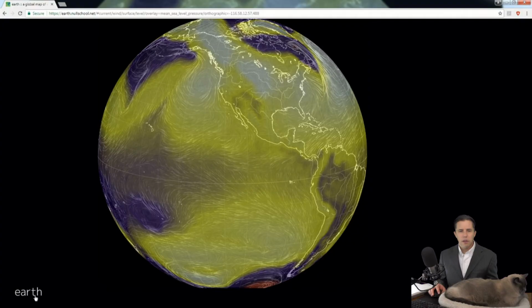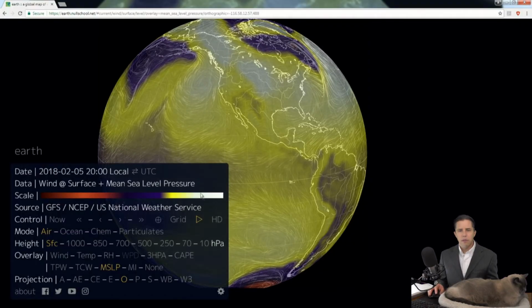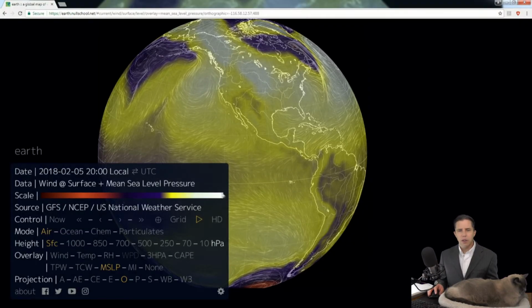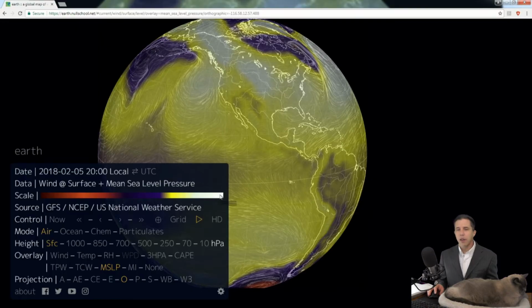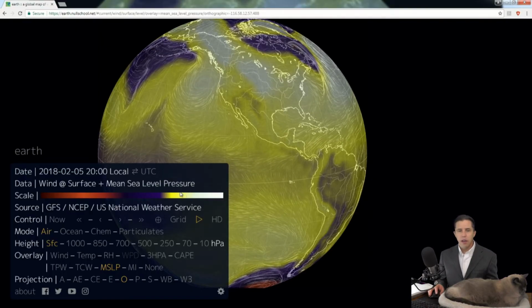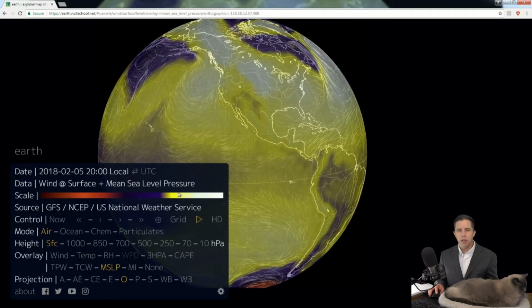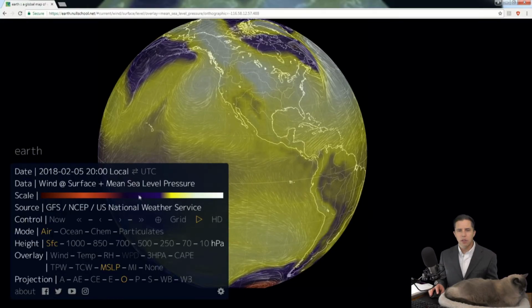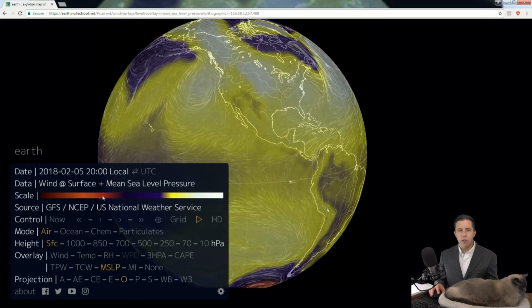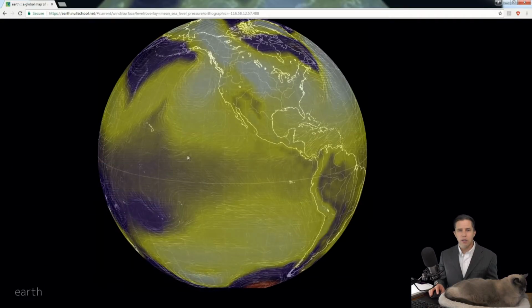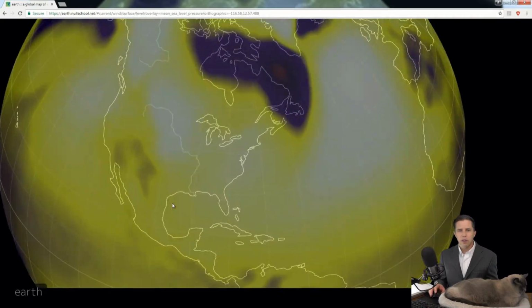Now, here's the scale. The white colors are the highest air pressure, and then lower air pressure is the yellow, and then the really low pressure gets into blue, and then even lower than that into red. Okay, so let's look around here.